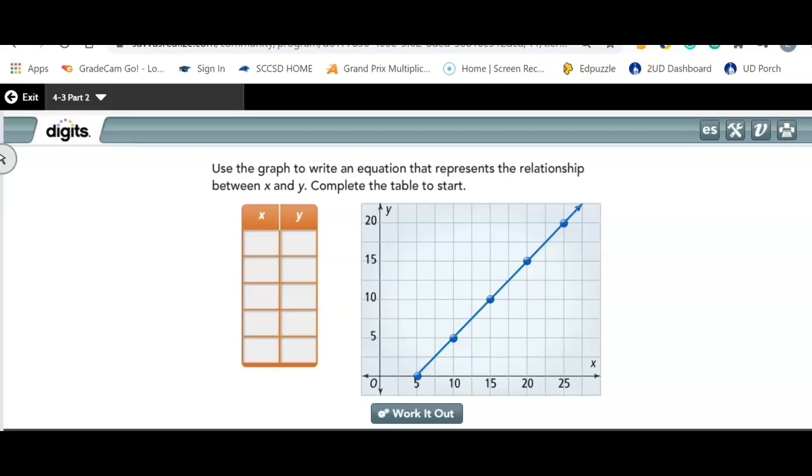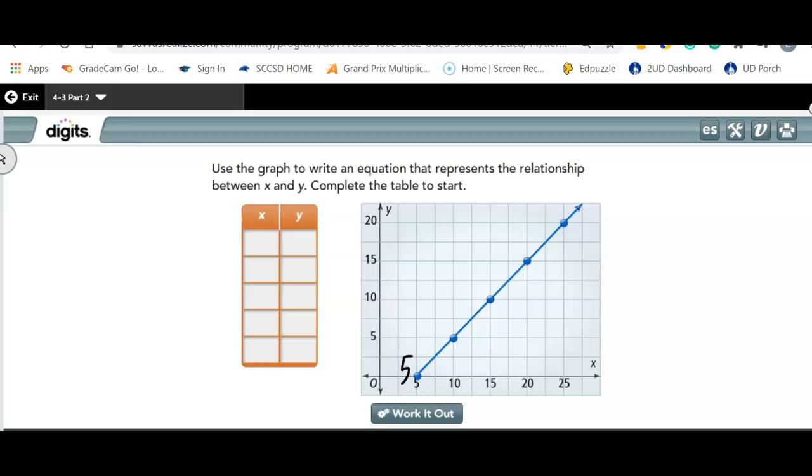All right, let's come back together here. What are some ordered pairs? Remember, we take our graph, we take the ordered pairs, we put it into the table. So what is one of the ordered pairs? Tom? 5, 0.